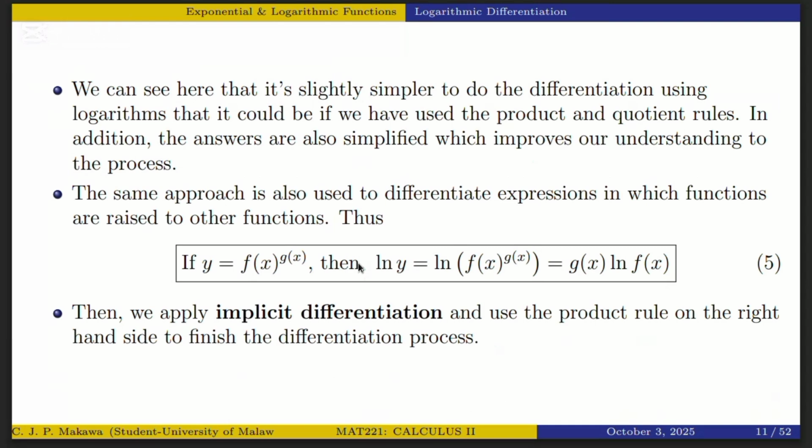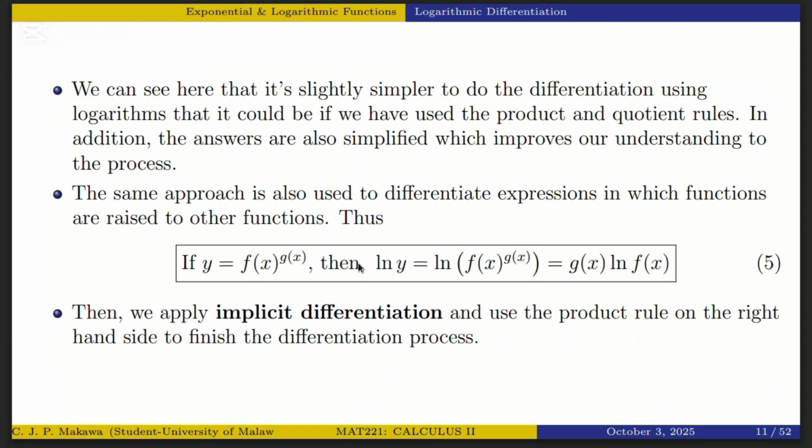Where I put a box on equation 5, we know that if y is equal to f of x raised to g of x, then we're going to add natural logarithms both sides, as we did in the previous video. So we're going to have natural log of y being equal to natural log of f of x raised to the g of xth power, which is the same as g of x times natural log of f of x, using the laws of natural logarithms, or simply the laws of logarithms.